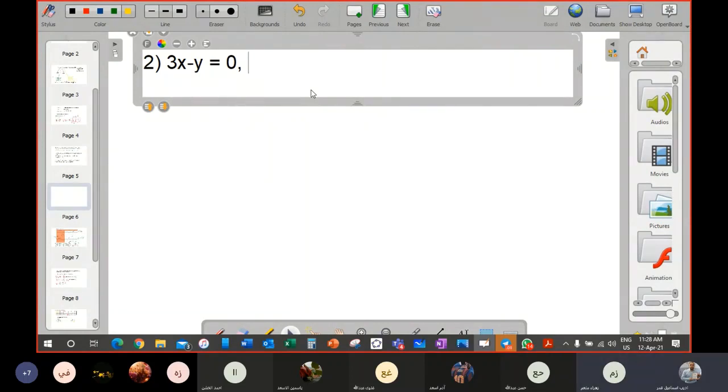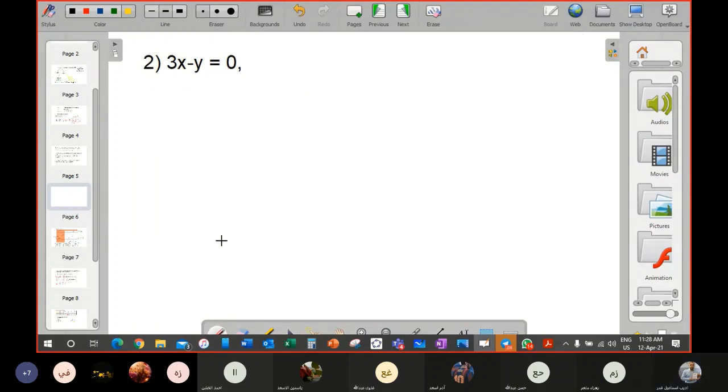We take the 3x to the other side and we keep minus y where it is.